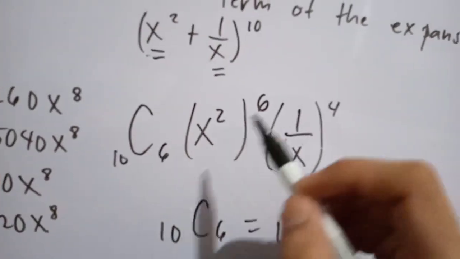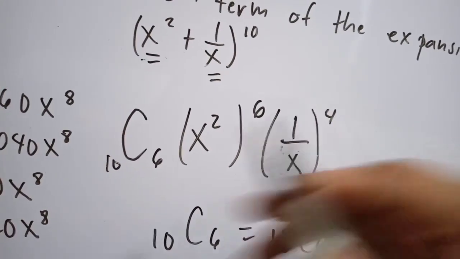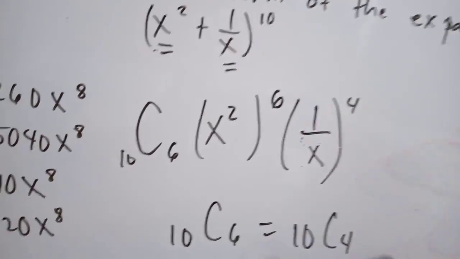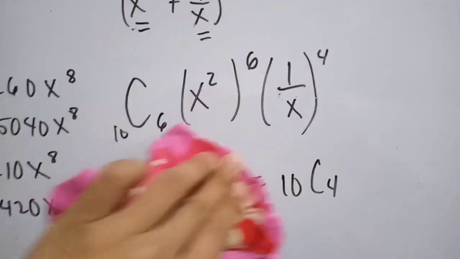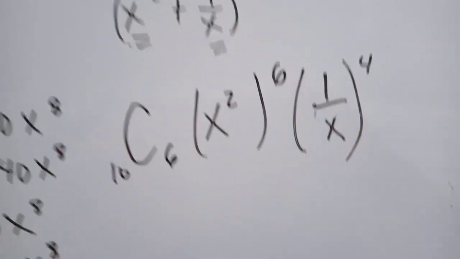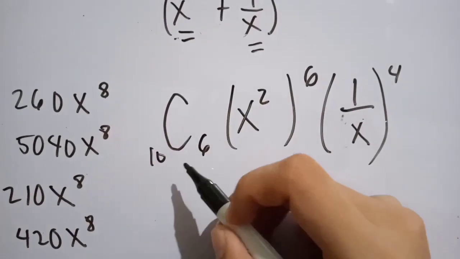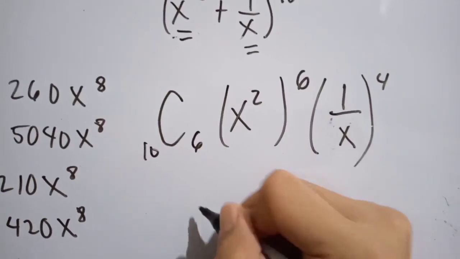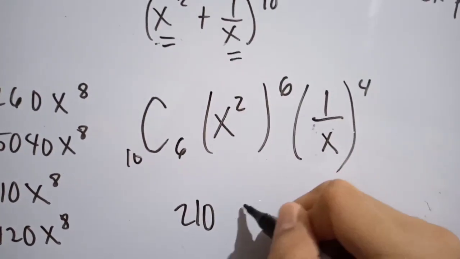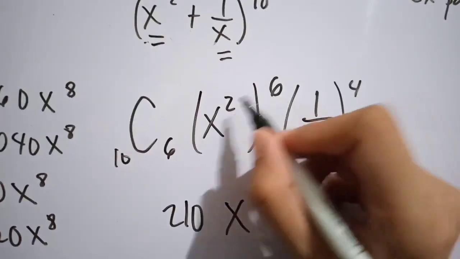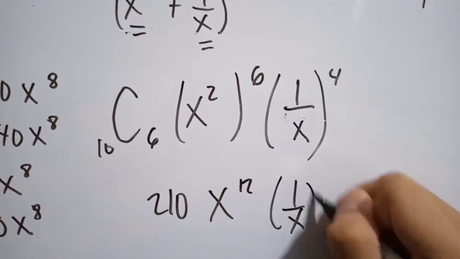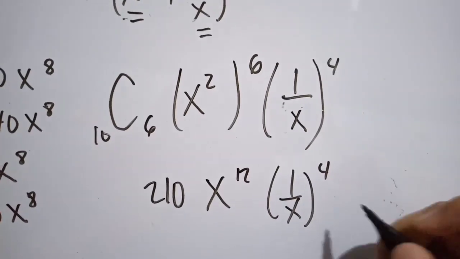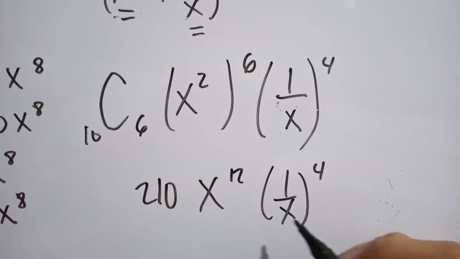So 10 combination of any of the two exponent. So ito na yung magiging sagot natin. Erase muna natin to. So alam na natin 210 yung 10 combination of 6 or yung 10 combination of 4. 210 x raised to, multiply mo lang yan, 12. Tapos 1 over x raised to 4. So pwede natin i-simplify to.